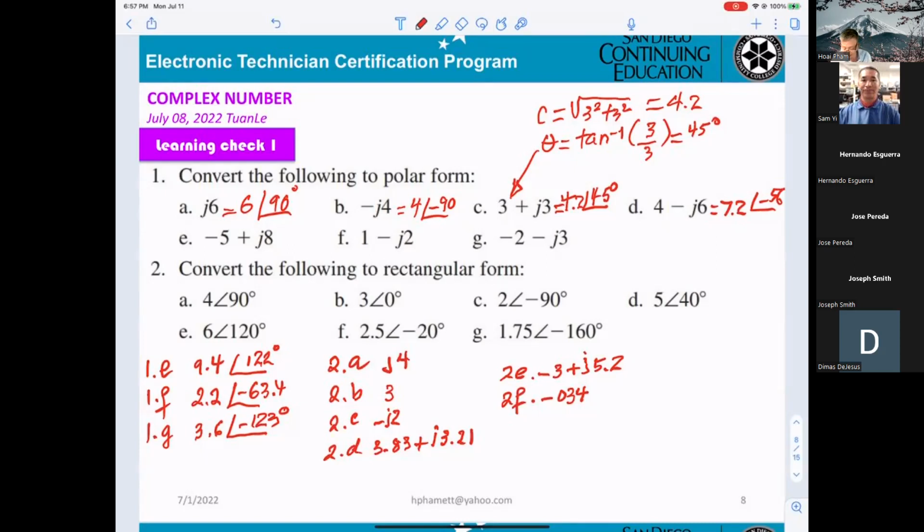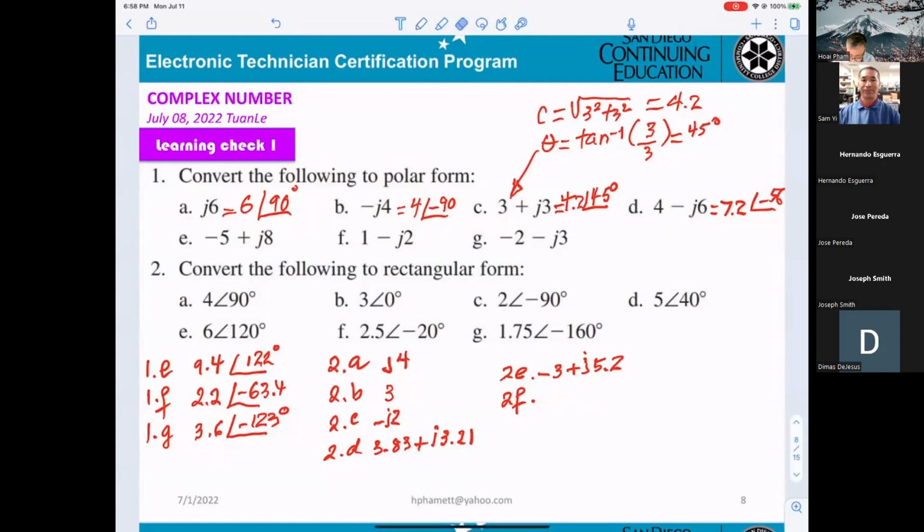What do you get for F? 2.35. What's the real number? You get 2.35. Yes, sir.